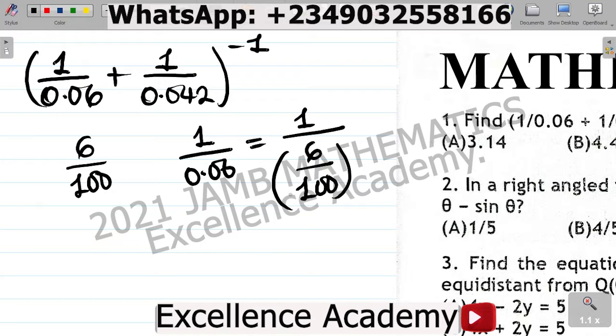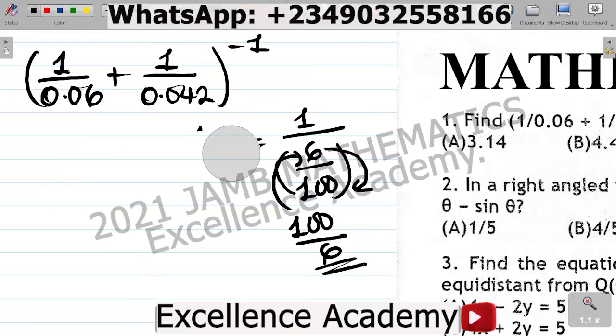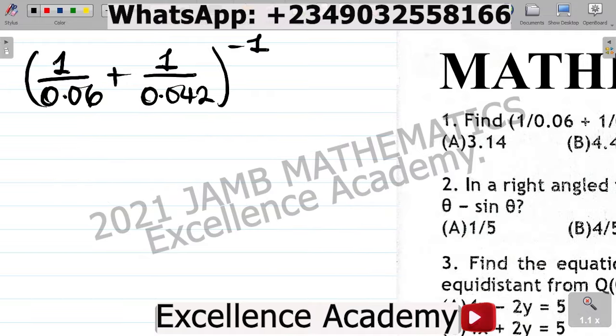In mathematics, if I take the inverse of a fraction, the denominator goes up and the numerator goes down. So it becomes 100 all over 6. In essence, 1 all over 0.06 is the same thing as 100 over 6. That's the first thing you want to note.